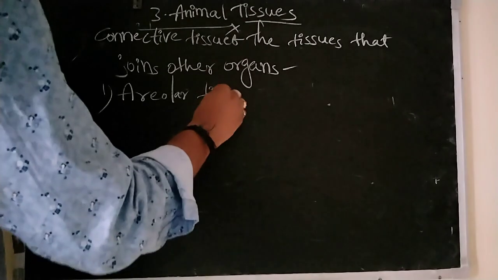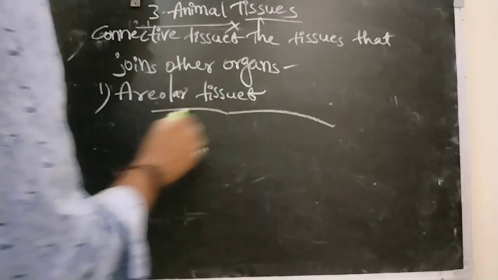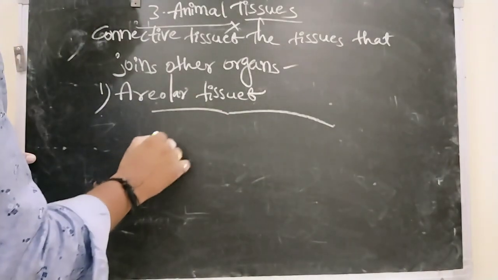First one is the areolar tissue, and this is the areolar tissue diagram.